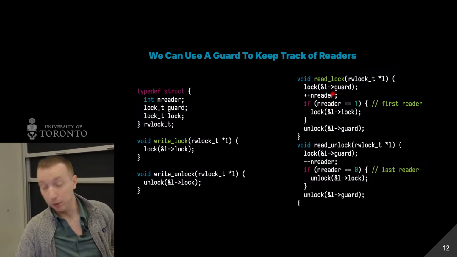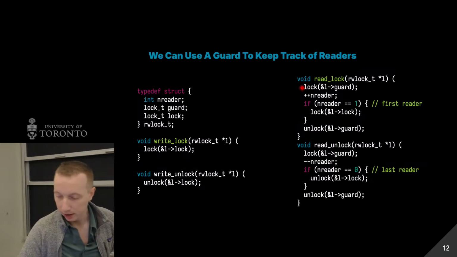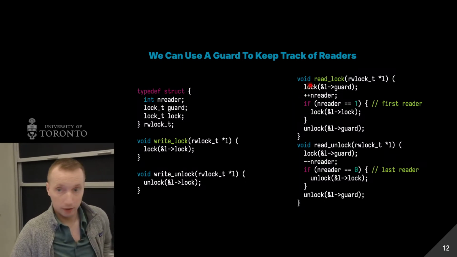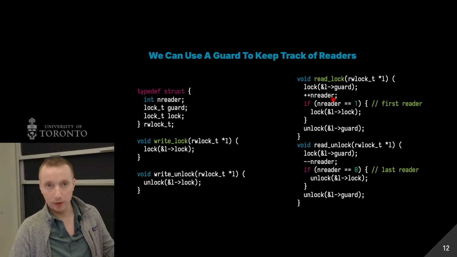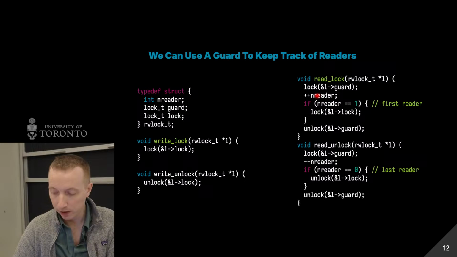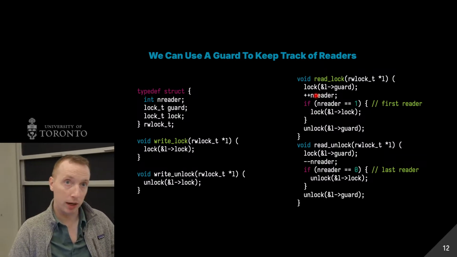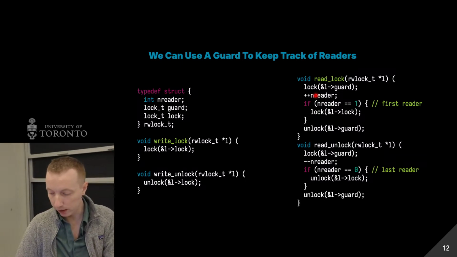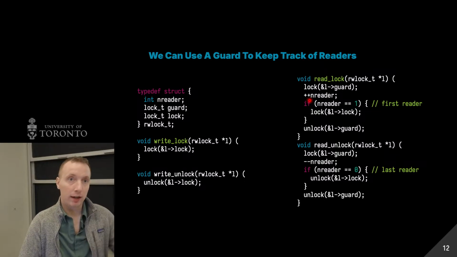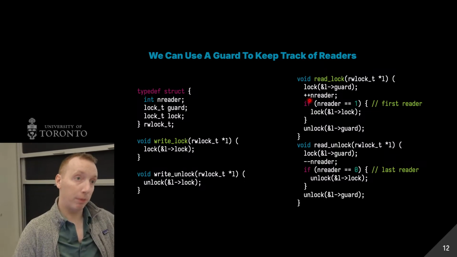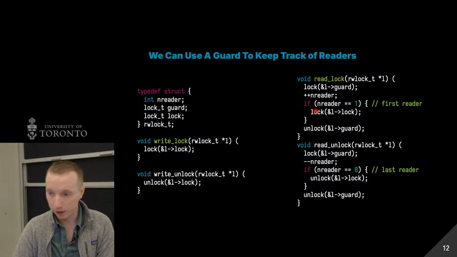While the read lock implementation is to simply lock the guard. So that guard is protecting accesses to this n readers, keeping track of how many readers we have, because we now know that plus plus n readers is a memory load and then a memory write. So it will increment the number of readers, then check: if I have increased it from 0 to 1, this means it's the first reader, then I acquire that mutex.